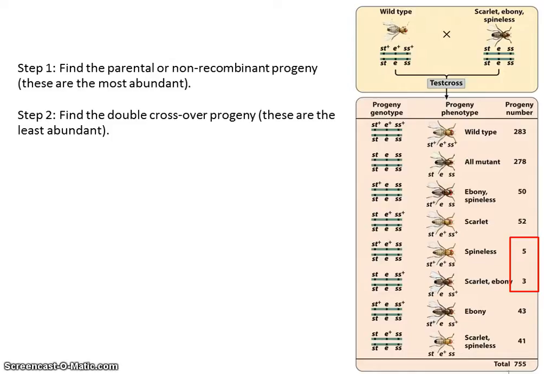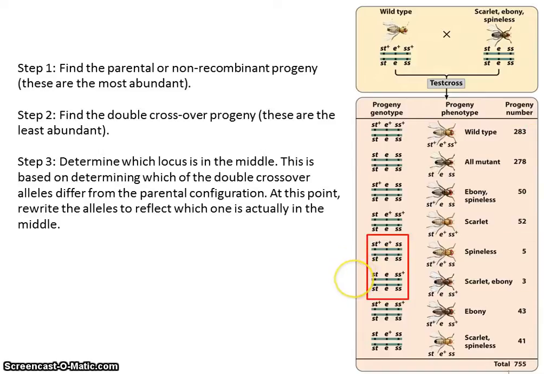And by comparing the parental configurations and the double crossover configurations, we're going to identify which of the loci is in the middle. And what we do is we compare the parental configurations and determine, in both of the double crossovers, which locus is different than what we see in the parentals.